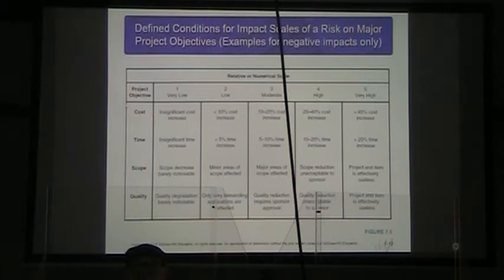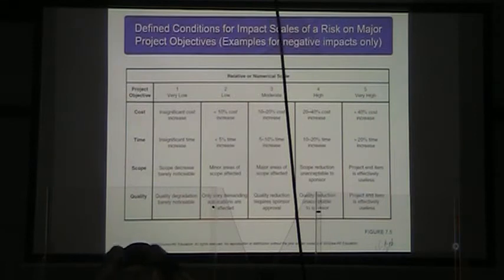So our project objective of cost, if we give it a very low or 1 if it's an insignificant cost increase, right? It costs an extra $1,000 on a project worth $100,000. We're going to call that insignificant. We're going to call that low if it's less than a 10% cost increase.